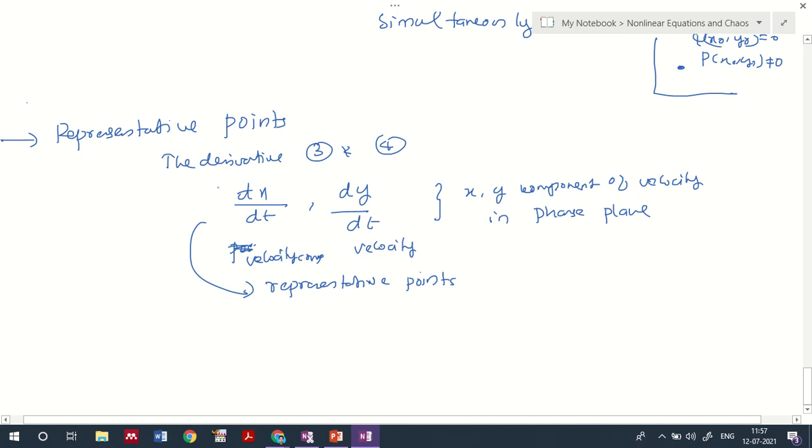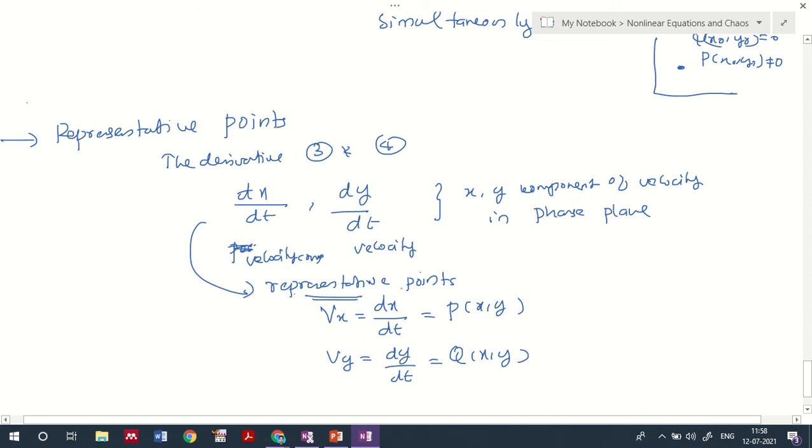You can consider the velocity components, that is vx equal to dx by dt, which equals p of x, y, and the second one, vy equal to dy by dt, which equals q of x, y, where vx and vy are the two components of velocity. Then dx by dt and dy by dt as the xy components of velocity in the phase plane, these two we call representative points corresponding to a particle.